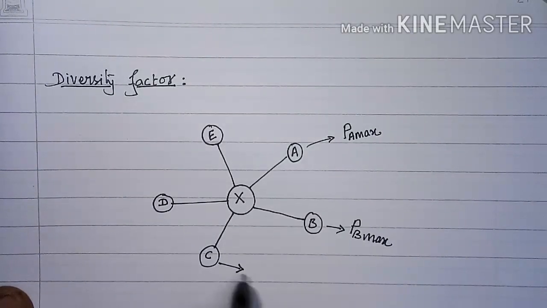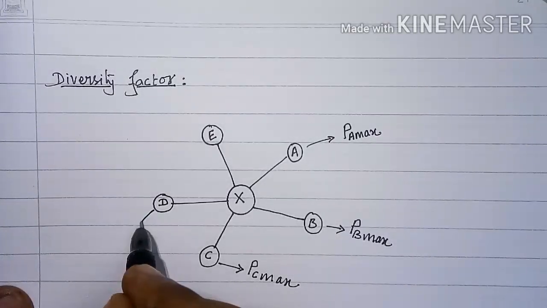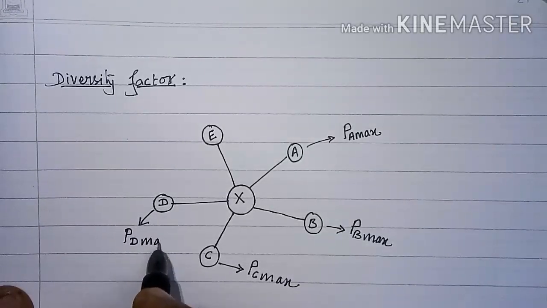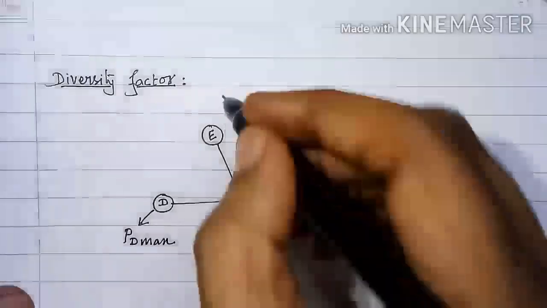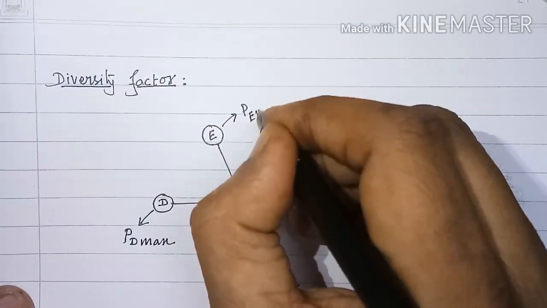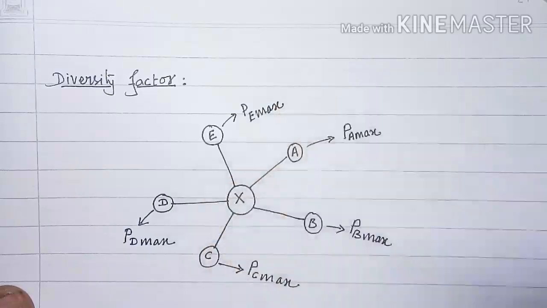Similarly, the maximum power demand of consumer C is PC max, PD max, and here it is PE max.